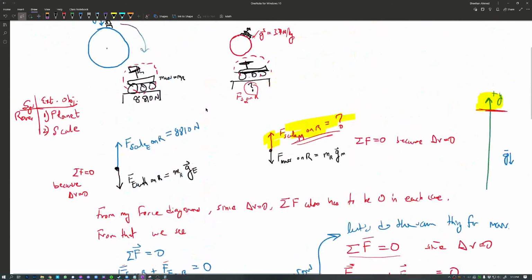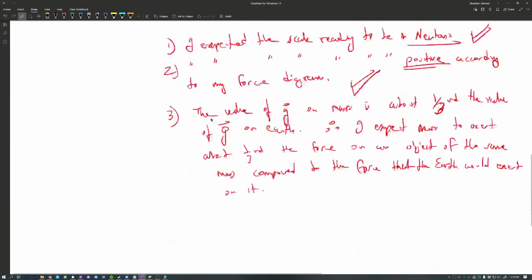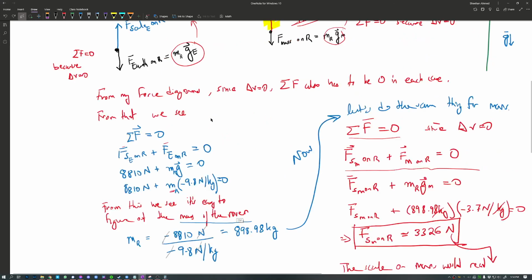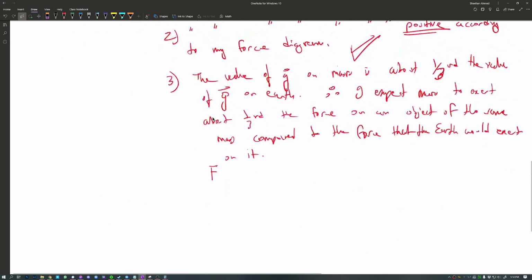The force that the Earth would exert on it over here is the same as this value, right? So 8810. And over here is the other value. mg on each planet, or let's make it nicer, the force that the planet exerts on the rover, if I just take the magnitude of that, is always equal to the magnitude of the force that the scale exerts on the rover.